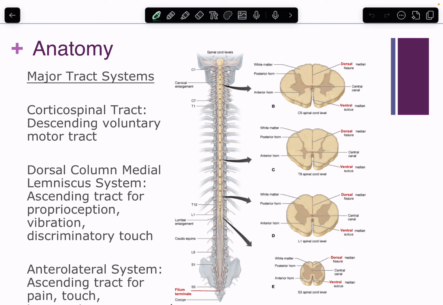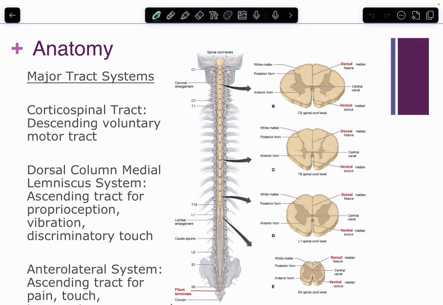So when you hear about corticospinal tract, you have two portions: the lateral corticospinal tract, the bigger portion that crosses over, and the smaller portion that remains uncrossed. So that's your anterior corticospinal tract.